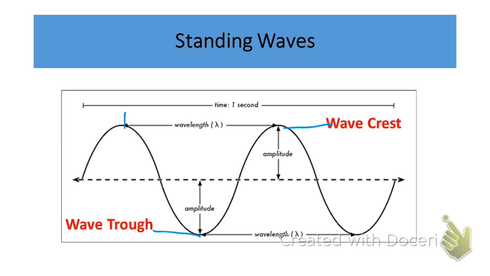So the distance from wave crest to wave crest is known as the wavelength. We also have the wavelength, which is the distance between trough to trough, and it's the same exact wavelength from crest to crest in a standing wave.